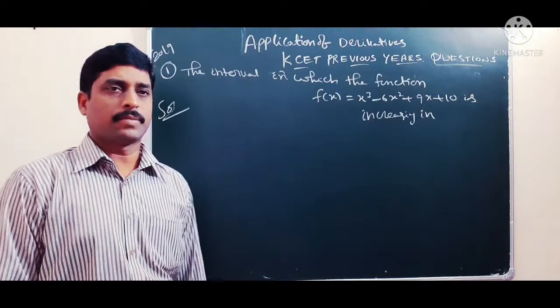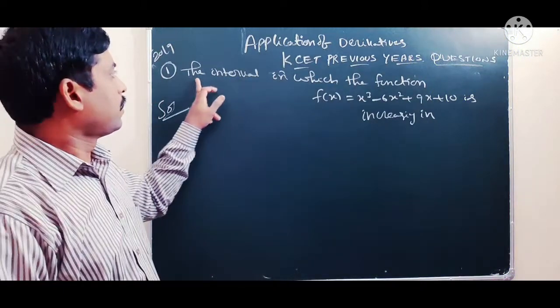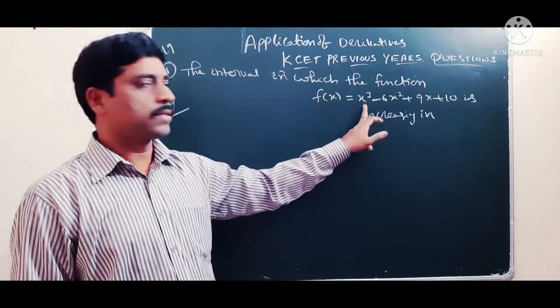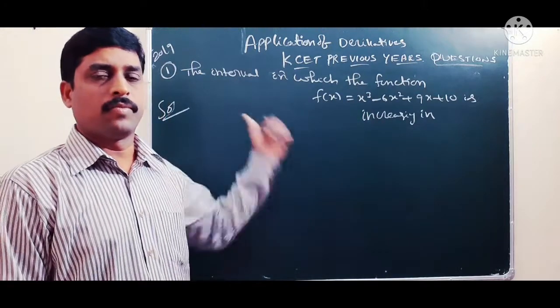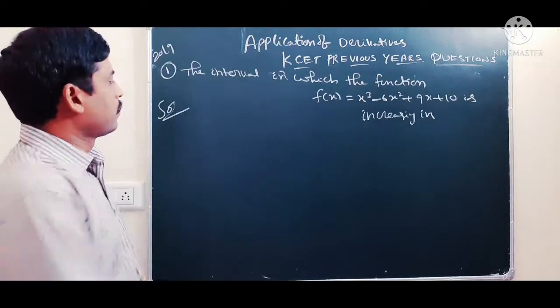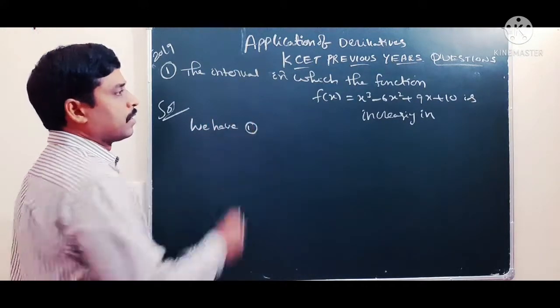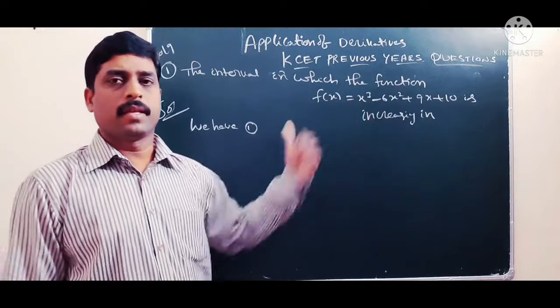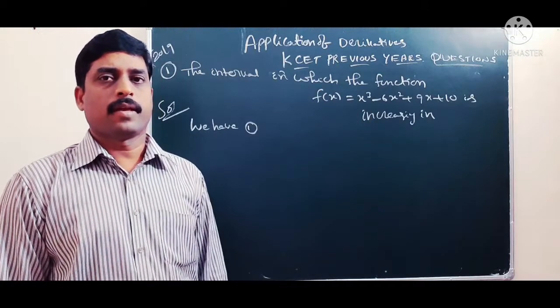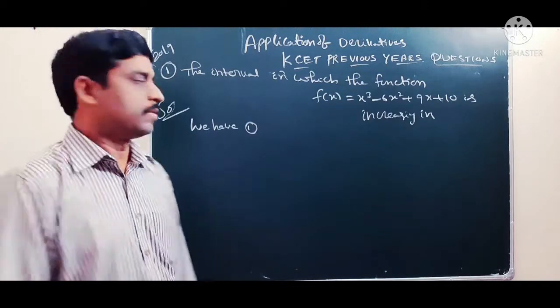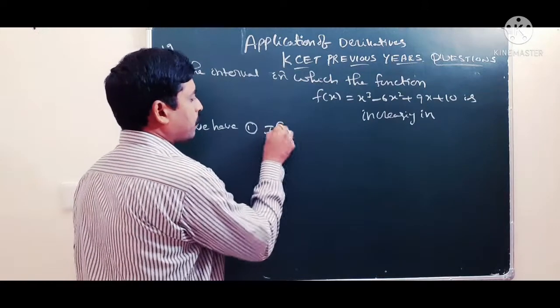Okay, let us go to the next problem. Find the intervals in which the function f of x is increasing. This is from the 2019 question. If f of x is increasing, then f dash x should be greater than or equal to 0.